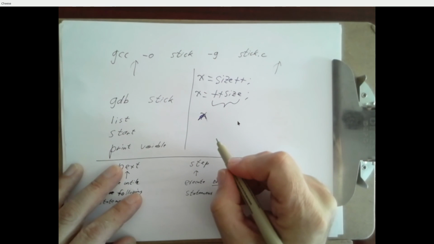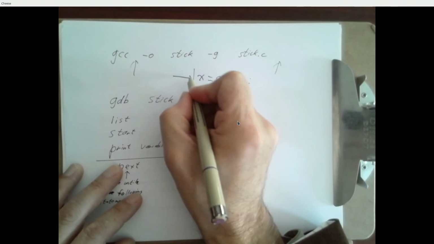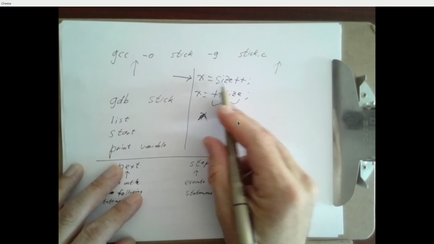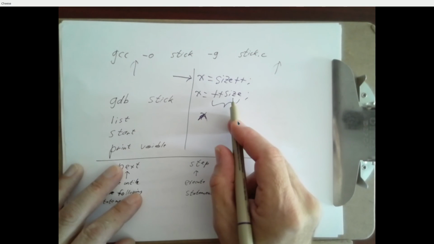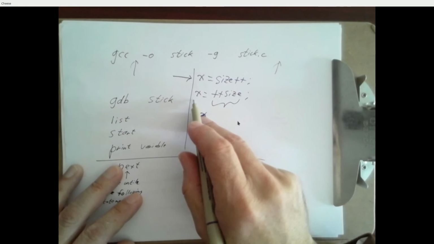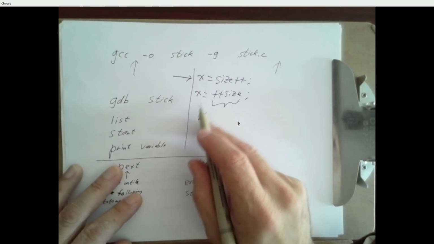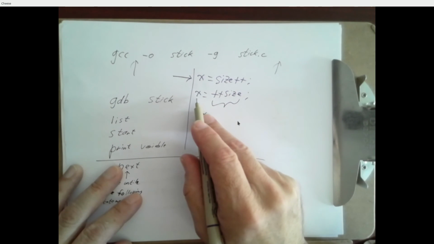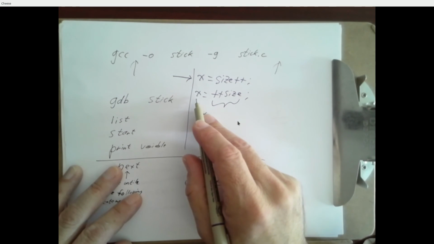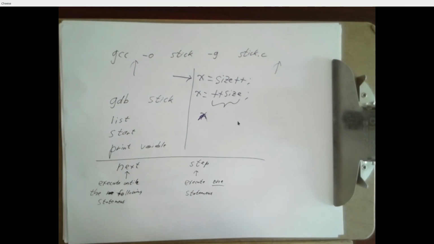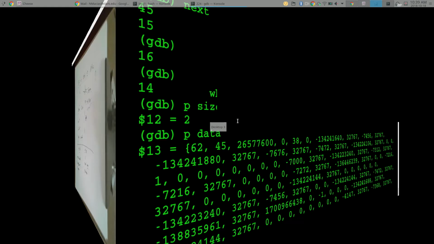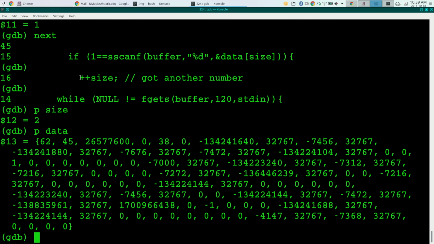Size gets incremented by 1. But this first statement will copy the current value of size to x and then increment size. This statement will first increment size and then copy it to x. So this sets x equal to size, this sets x equal to size plus 1. And both of them set size equal to size plus 1. So if all we're doing is trying to increment the value of size, it doesn't make any difference if we do it before or after.